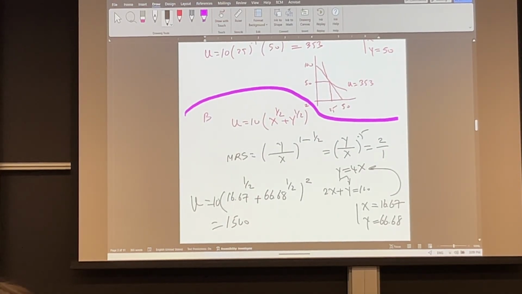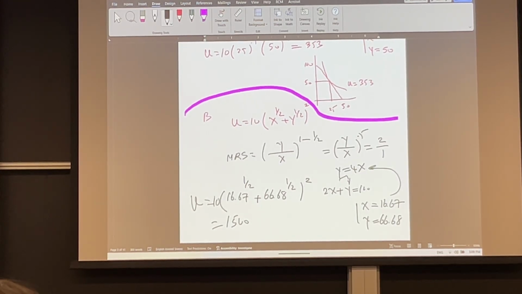Who's happier here? The second one? The numbers aren't comparable at all. This is what we call an ordinal utility function. It's not comparable across individuals. They're not like kilograms or miles, right? They're just numbers trying to order the same individual's level of satisfaction. You cannot compare it across individuals. You cannot say this is happier than that.